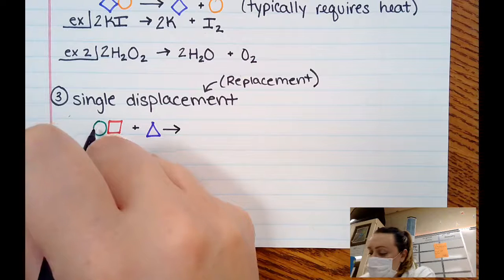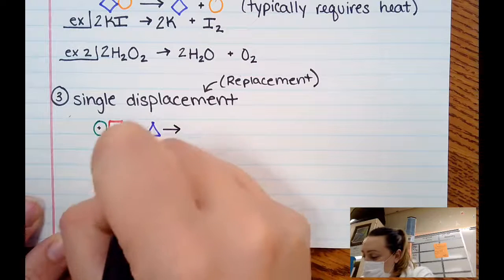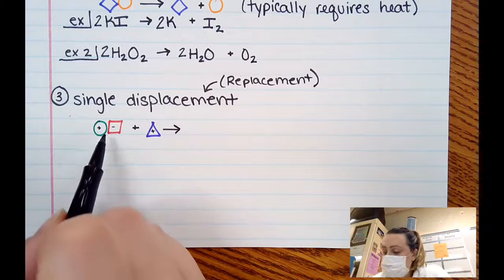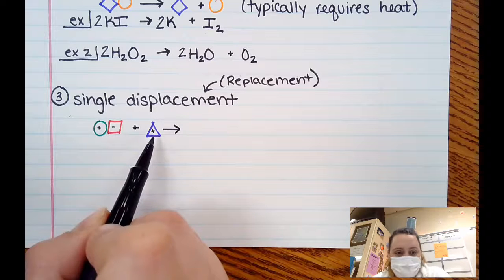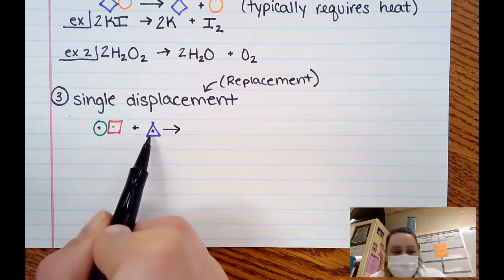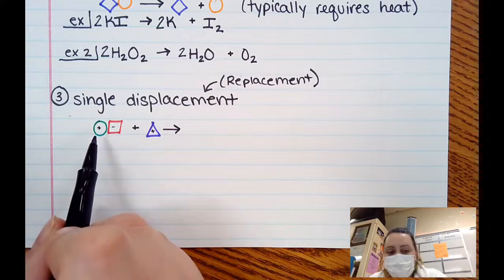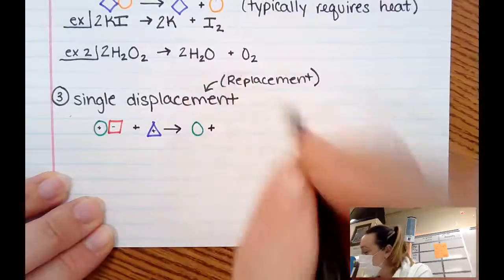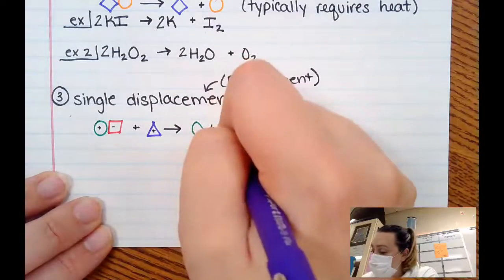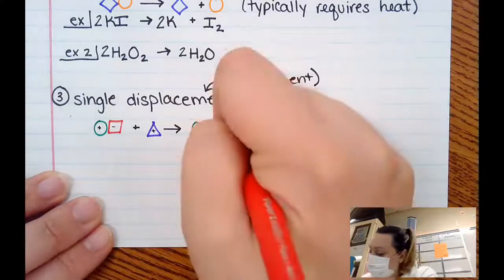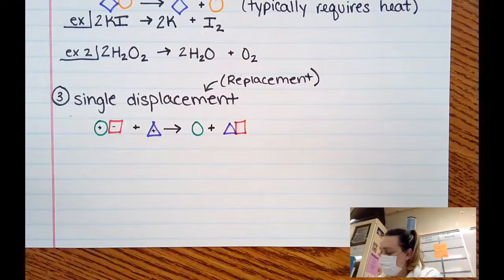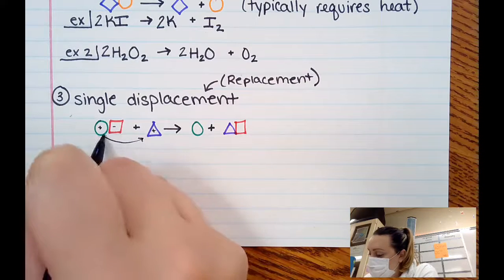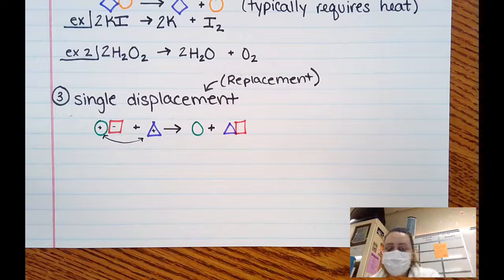So we'll say in an ionic compound, this is the positive, that's the negative, this is positive. And if this square finds the triangle more attractive, it will bond to the triangle and get rid of the circle. Remember, when you write an ionic compound, the positive always comes first. So you can see that these traded places, and that's the single displacement.